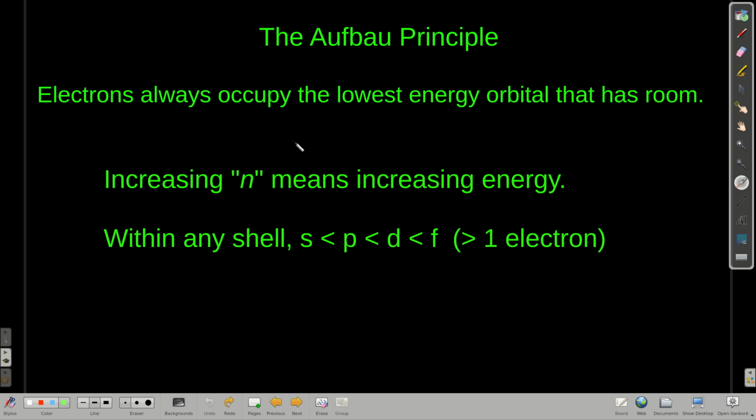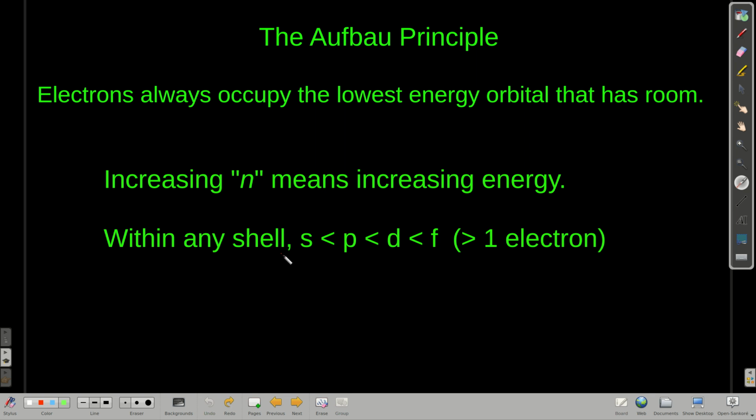Okay, so next, there's this principle called the Aufbau principle that says that electrons in an atom will always occupy the lowest energy orbital that has room for them. And so we have to know relative orders of orbitals, right? So in general, as the shell or the principal quantum number increases, that increases the energy. We've seen that before.